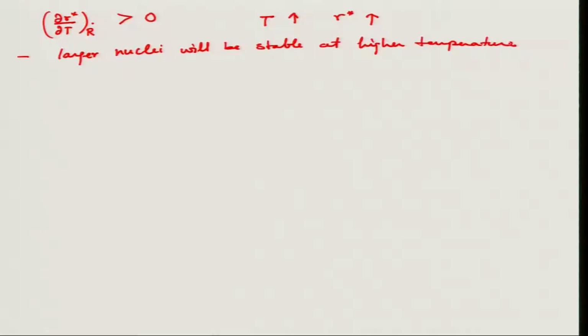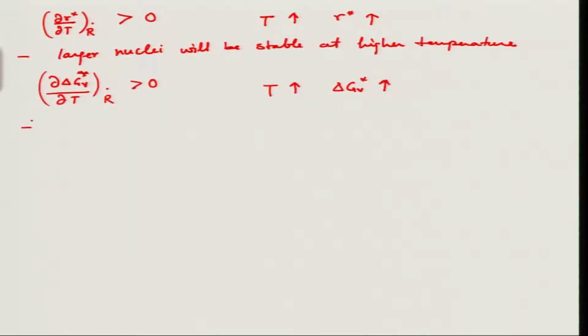Okay. Now, the second inequality was d delta G star over dT at constant rate greater than 0. Okay. So, which means the energy barrier for nucleation is high, right. So, if the temperature increases, delta G star will increase. Okay. If the energy barrier is increased, it means fewer stable nuclei. Okay.